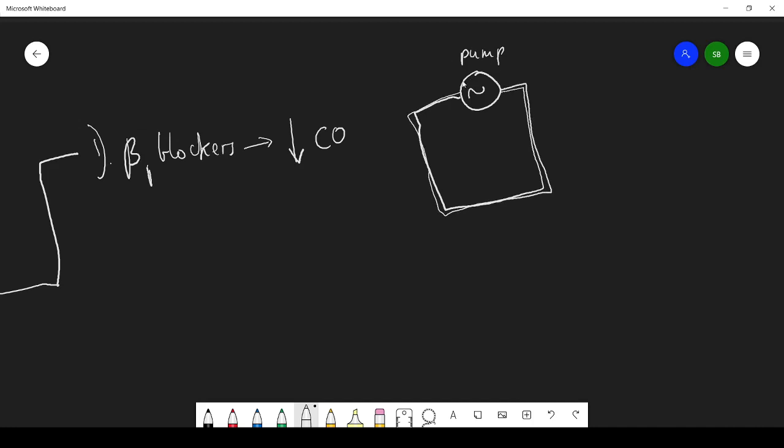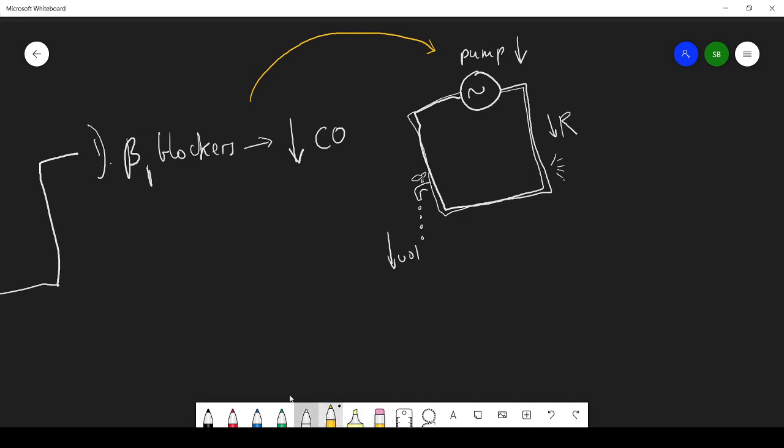If the pressure here is too much, then you can do three things. You can reduce the resistance here, you can try and get rid of some of the liquid, which will also reduce the pressure, or you can turn this pump down so it's not pushing the liquid around enough. So beta blockers are turning the pump down.